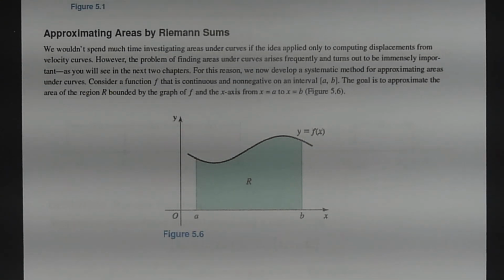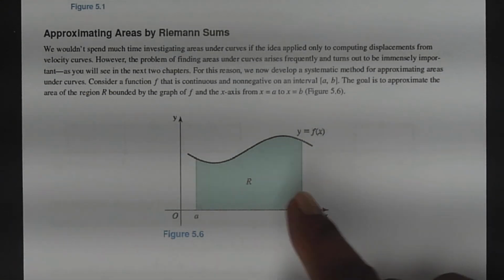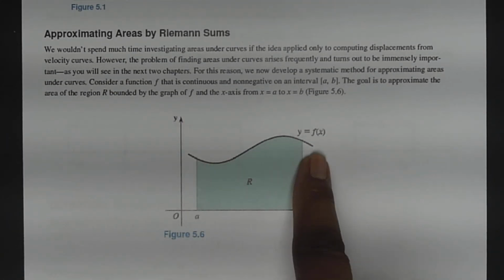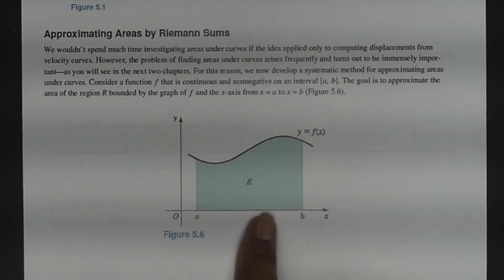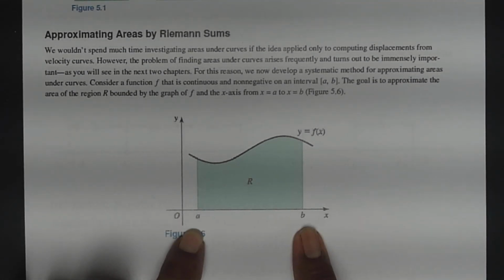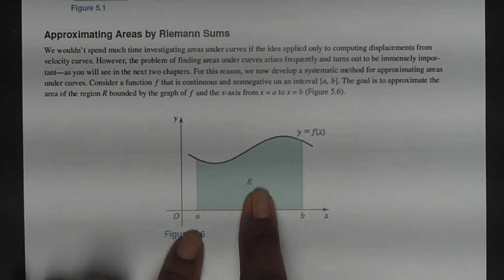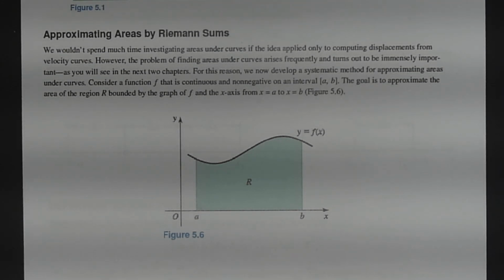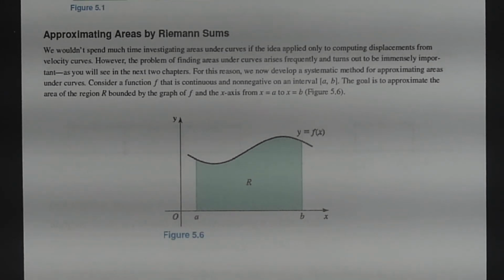The goal is to approximate the area of the region, which I'm going to call R, bounded by the graph of y equals f of x and the x-axis from x equals a to x equals b. So we're finding the area of that shaded region bounded by the curve y equals f of x and the x-axis on the closed interval from a to b.